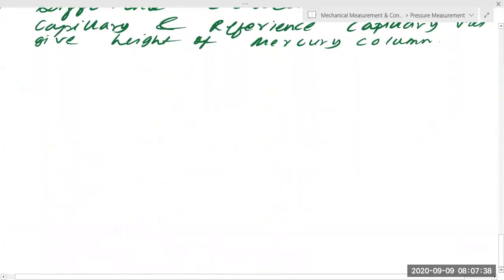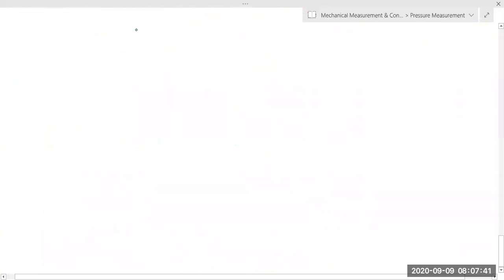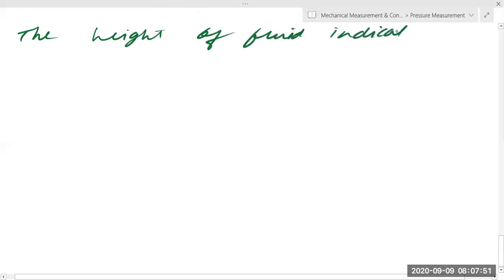So I can write: the height of mercury indicates pressure of unknown fluid.